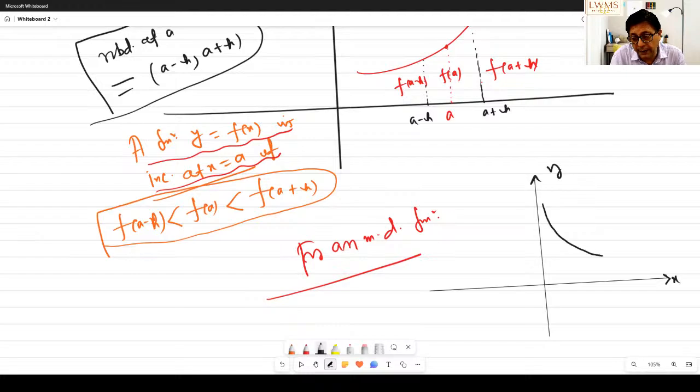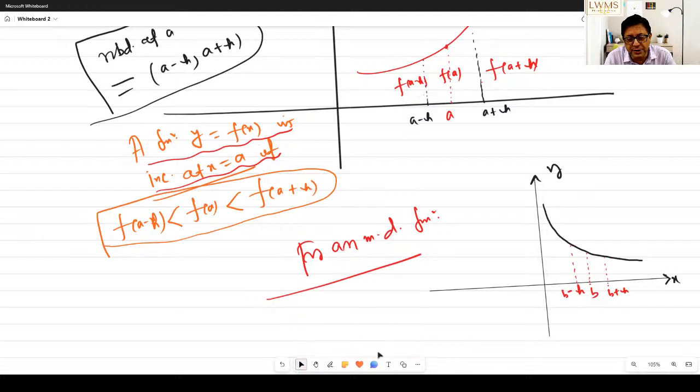The graph of the function is decreasing. But we want to define an MD function at a particular point, say at x equal to b. So again you consider the neighborhood. It is b plus h and this part is b minus h.